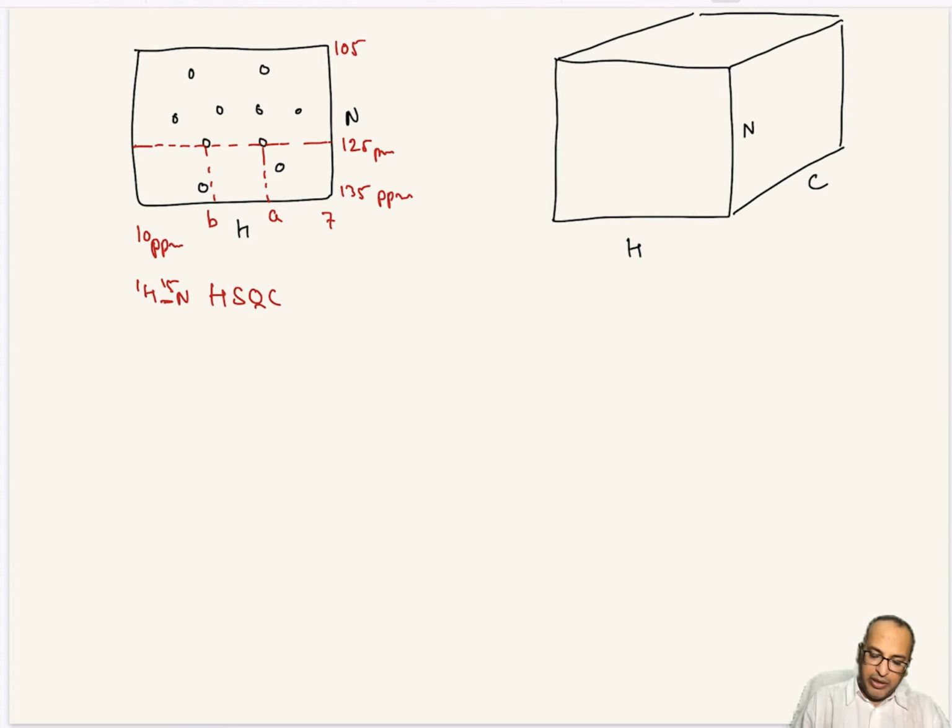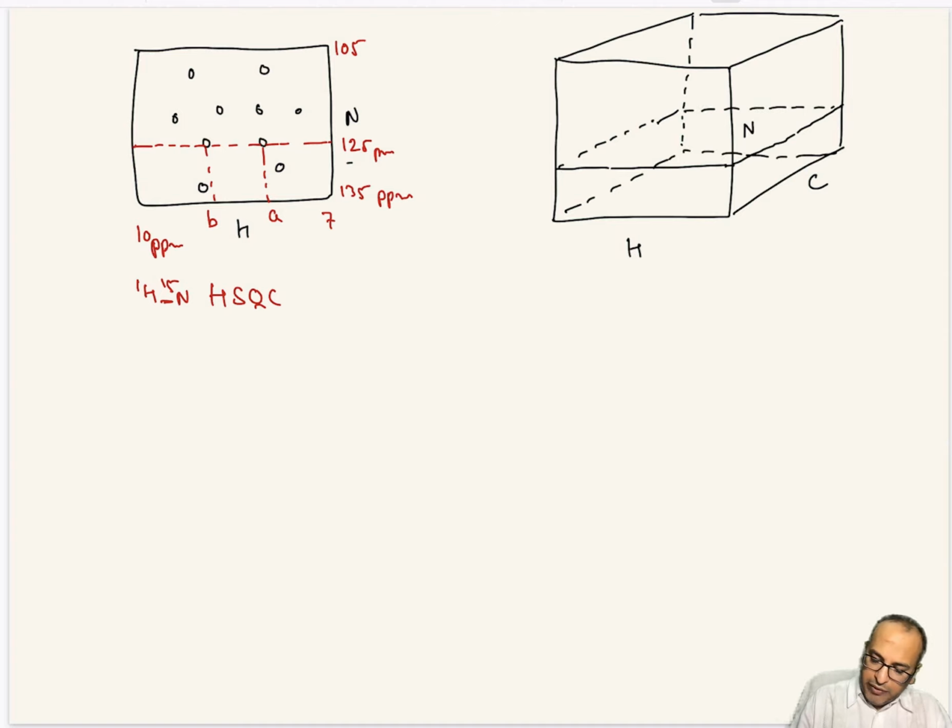Let's say we are taking a slice at 125 ppm nitrogen chemical shift value, so you take the same slice at delta 125 ppm. Now the slice would go all the way through the cube, right? So this is the plane which we are talking about. This is the slice.